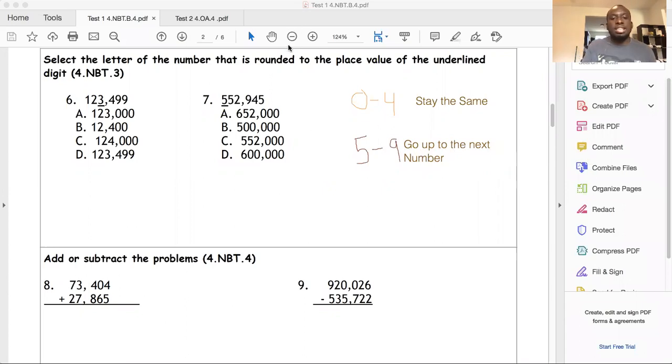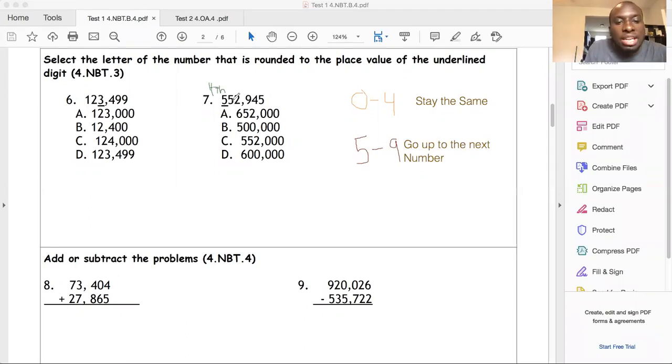So let's take a look at number 7. The number is 552,945. Its underlined digit is 5. That 5 is in my hundred thousands place, my 100,000s place.